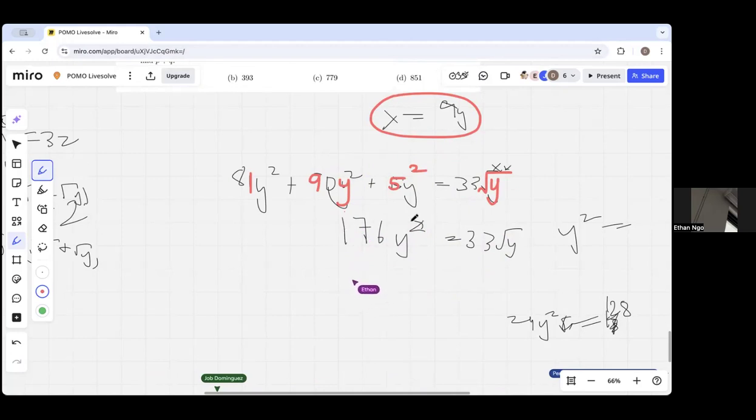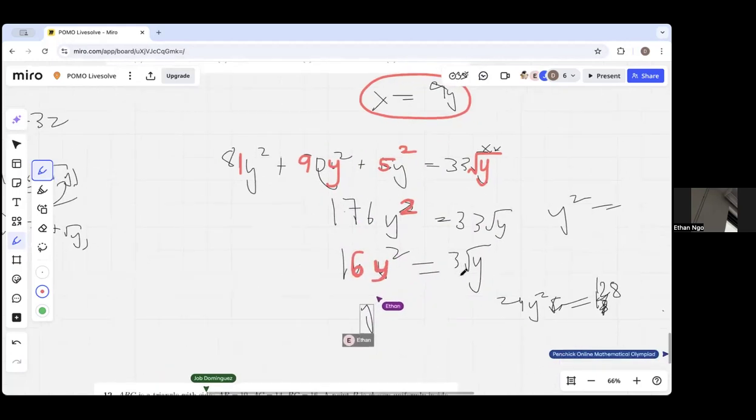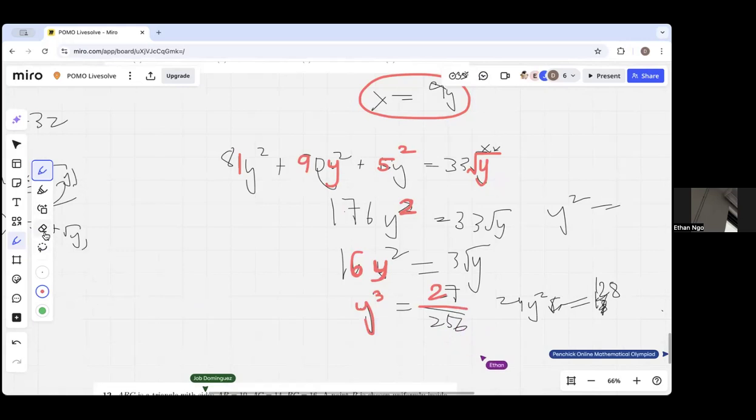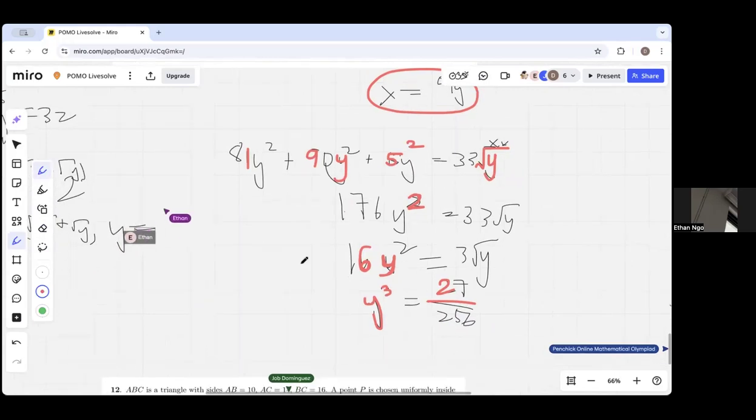And now, 16y squared equals 3 root y. Therefore, we have y cubed equals 27 over 256. Thus, the value of y is just the cube root of 27 over 256.